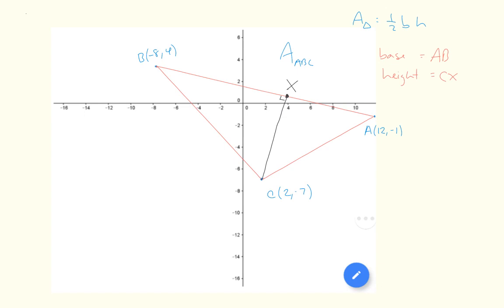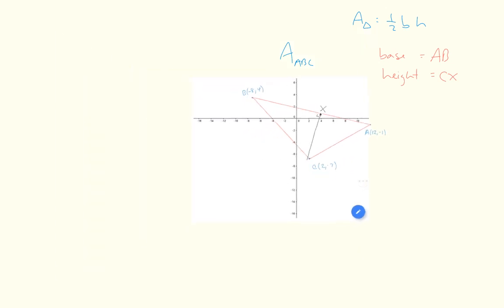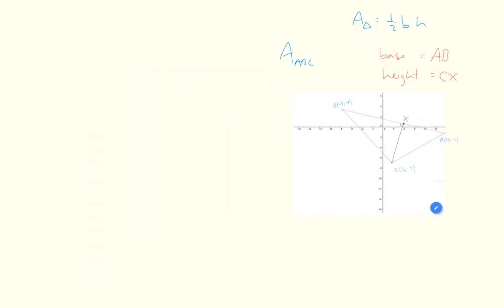So the area of ABC, I would argue, is, well, it's half times the base, which is going to be then the length of AB times the length of CX. Length of CX I already have from the last question, and I said it was approximately 8.25.